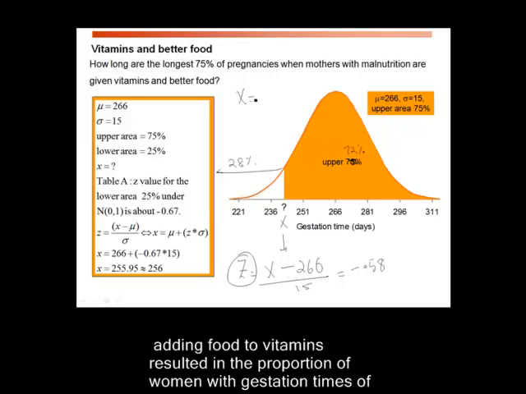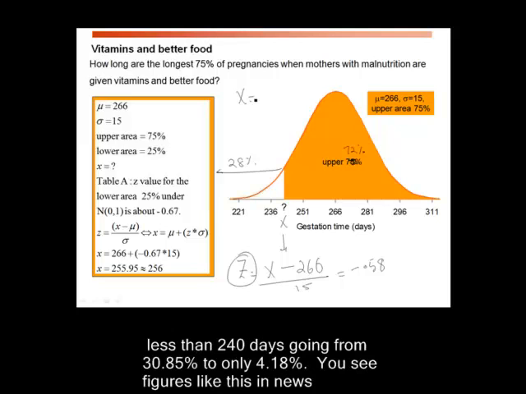What does z-score represent? The number of standard deviations below the mean. So what should x be? How many standard deviations should it be? X is 0.58 standard deviations below the mean. That's what z-score represents.